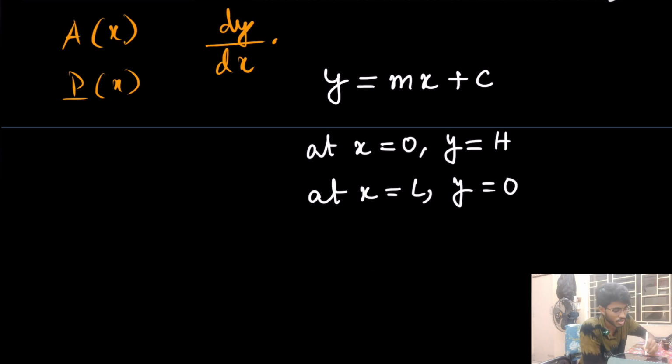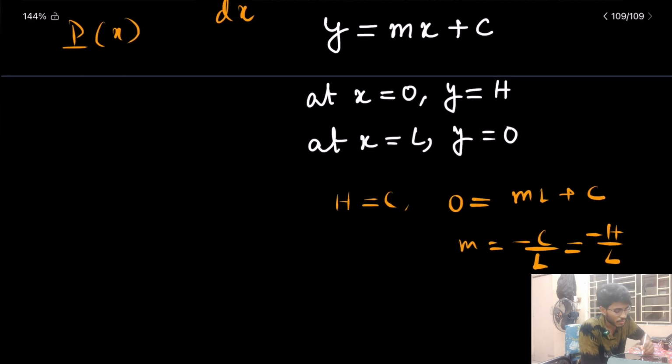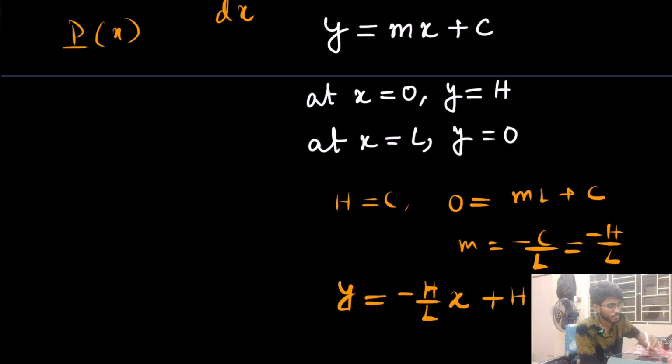So let us put the things. So H is equal to C here, and 0 is equal to mL plus C. So m is equal to minus C by L, that is minus H by L. So the equation of line becomes y is equal to minus H by L into x plus H.